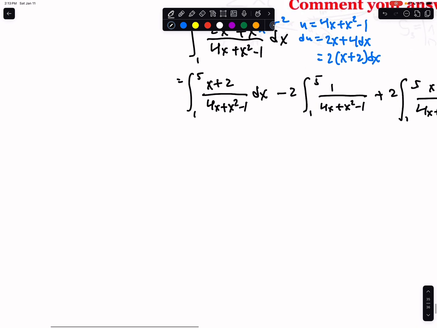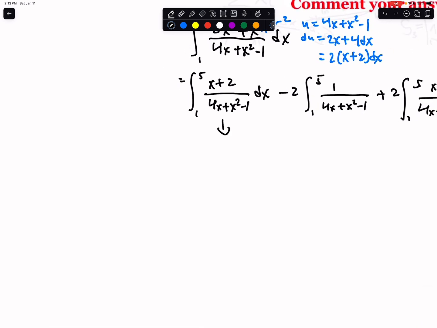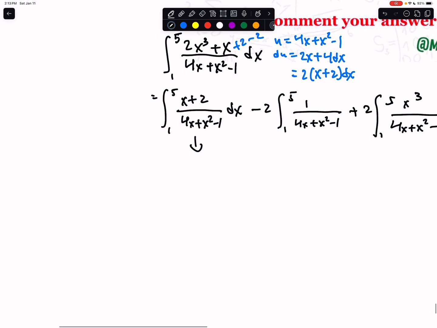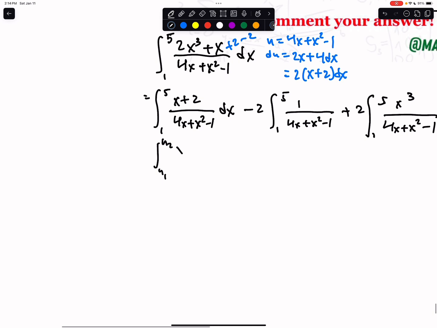So I'm going to deal with this first. We set u equal to this. And here's what I'm going to do: I'm going to use u1 and u2, because I'm going to get our bounds in terms of u eventually. So we'll get x plus 2 over u times du over 2 times x plus 2.